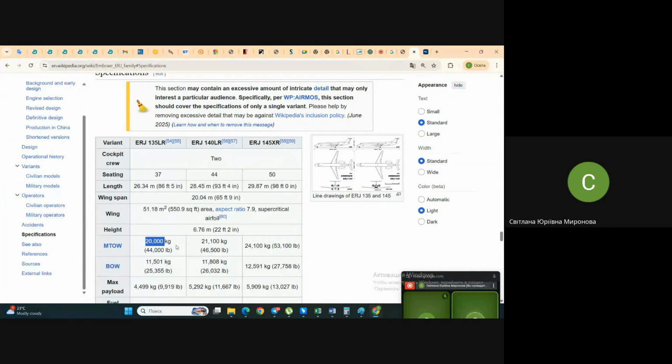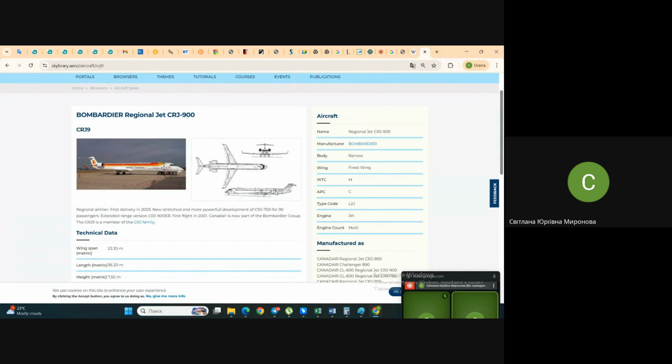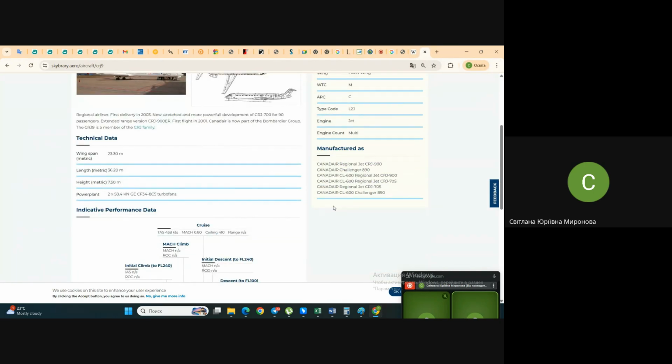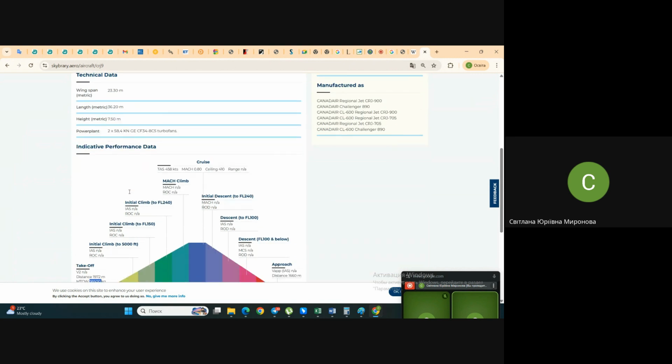It means around 30% to carry. Look at this. Different variants of this airplane, number of people to be carried.